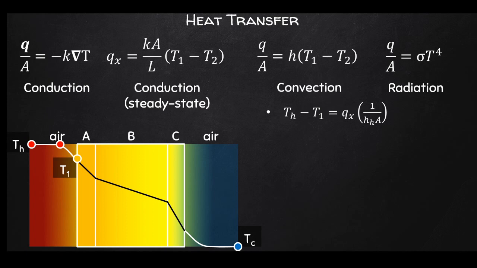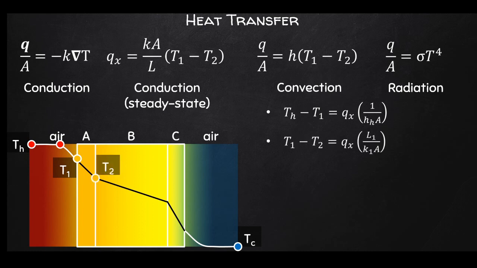The temperature difference here is TH minus T1, and this is equal to the heat that is being transferred, Qx, in the x direction, times 1 over the convective heat transfer coefficient for the hot air, hH, and the area that the hot air is falling on.